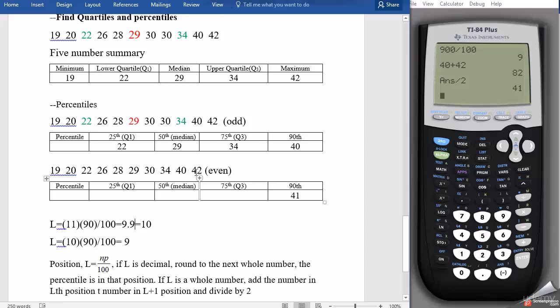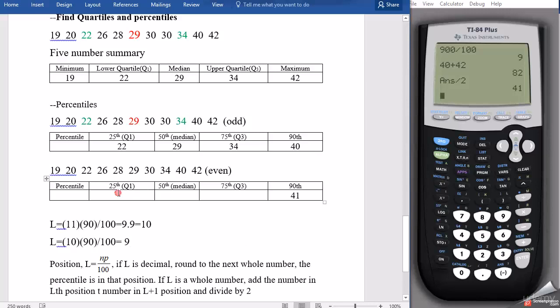But when we worked with 10 numbers, our L gave us 9. So we are going to add the number in the 9th position plus the number in the 10th position and divide by 2. That gives us our 90th percentile. So that is how we compute the percentiles.